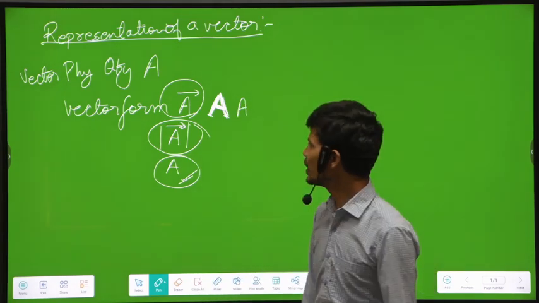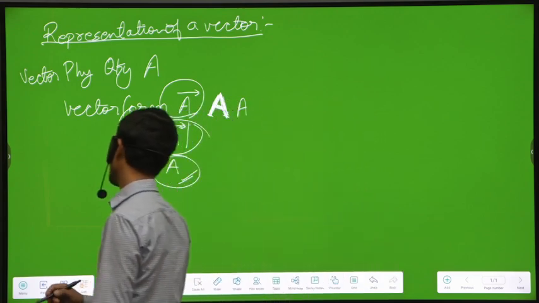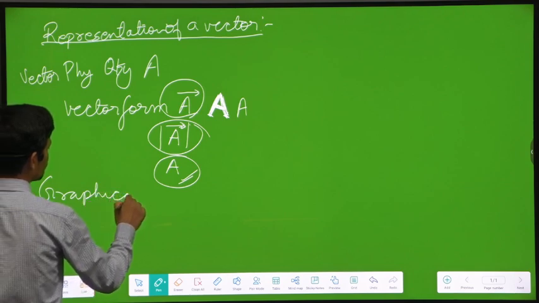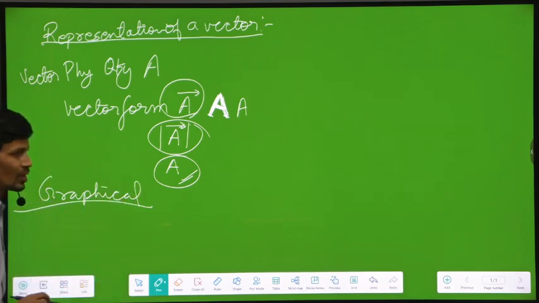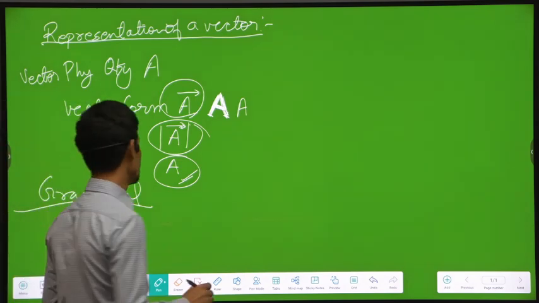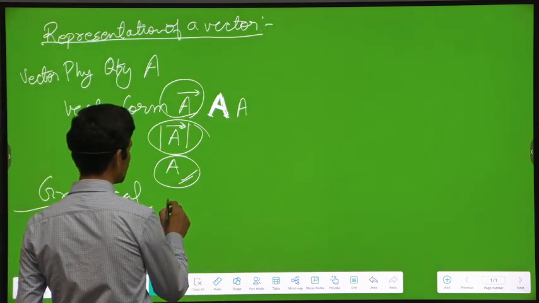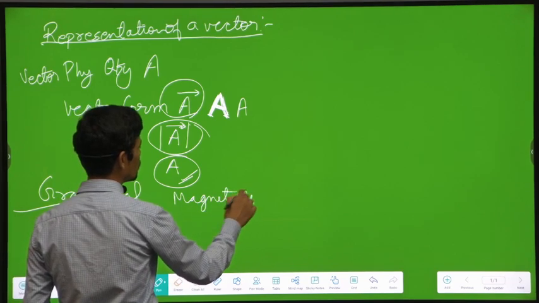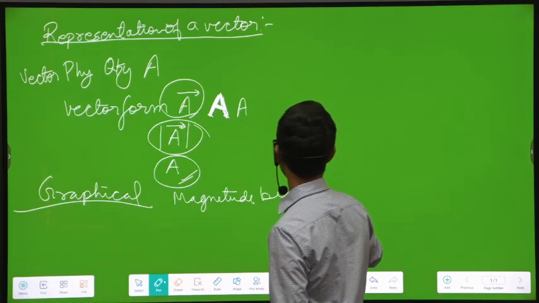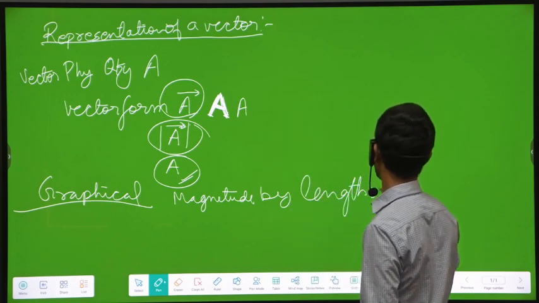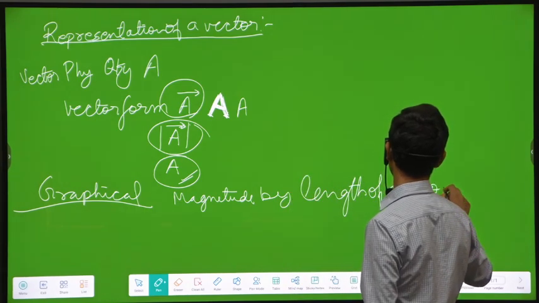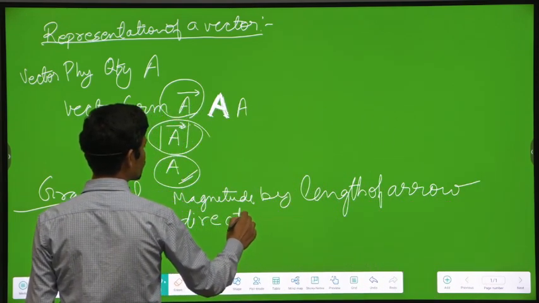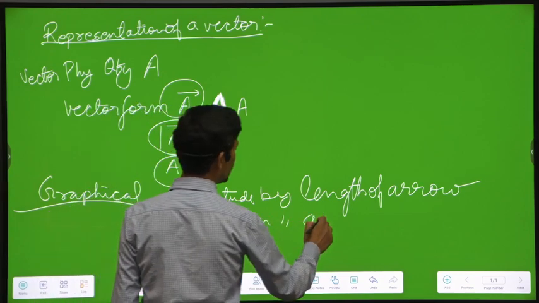Okay. Other than that, there is the graphical method. In the graphical method, we show magnitude by length and direction by arrowhead.